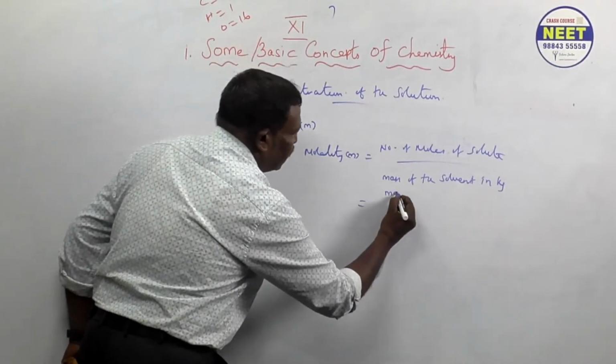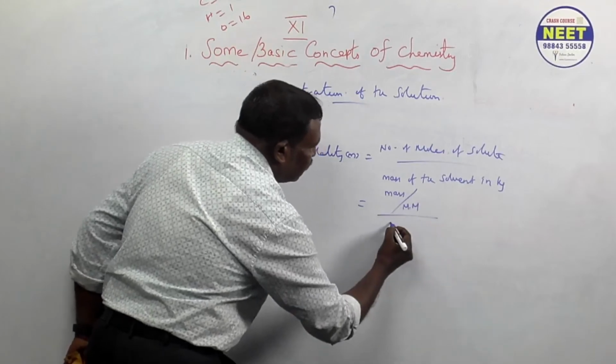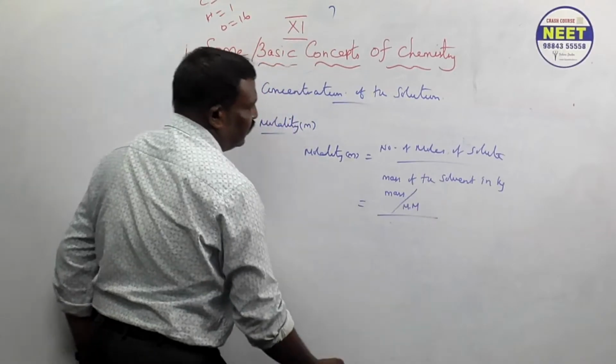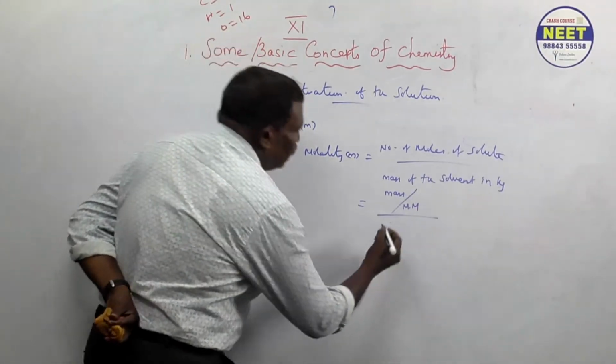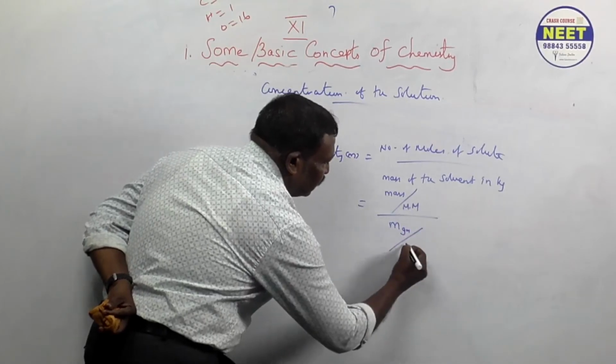So as usual, mass by molar mass, by mass of the solvent in kilogram, that is mass of the solvent in gram by 1000.